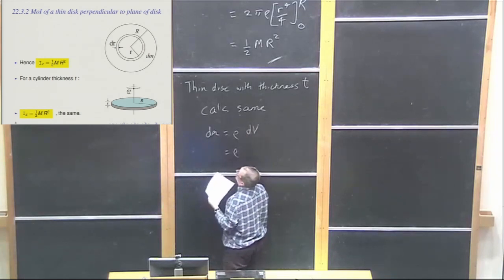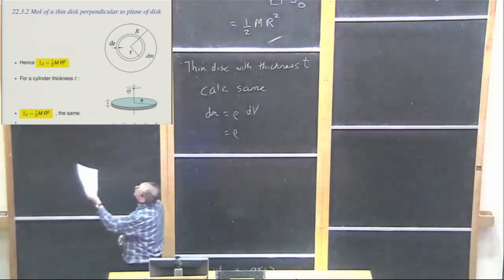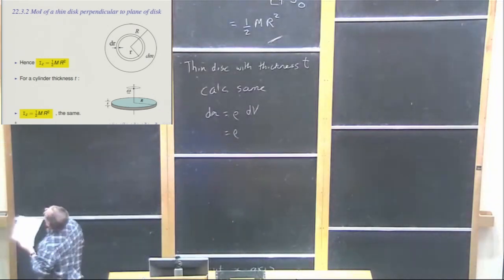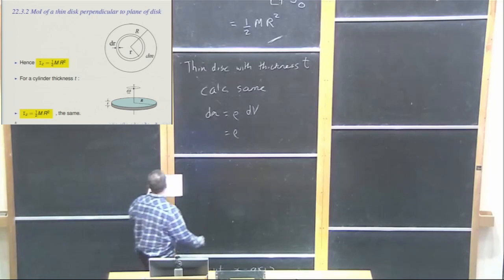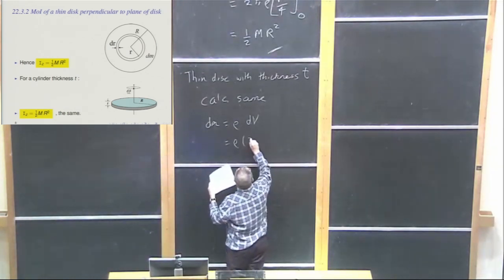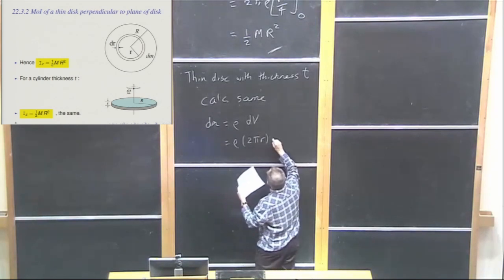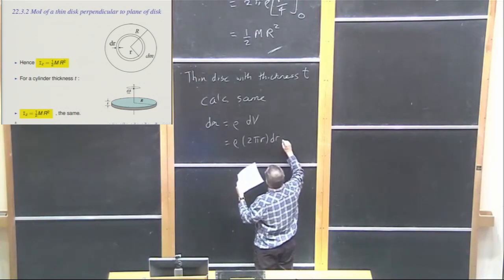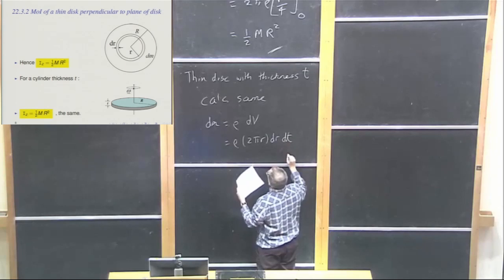What is the element of the volume? Again, we'll use a ring, but this ring will have a finite thickness. So it's going to be rho times 2 pi r dr dt, okay?